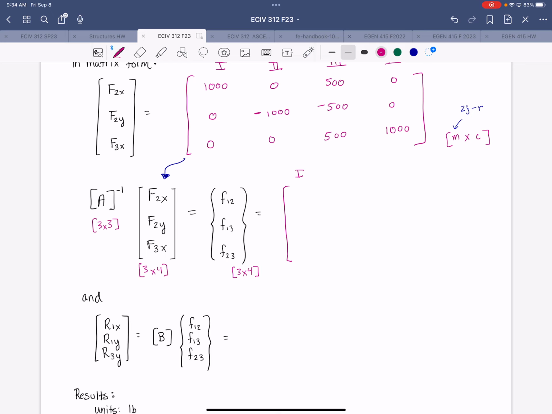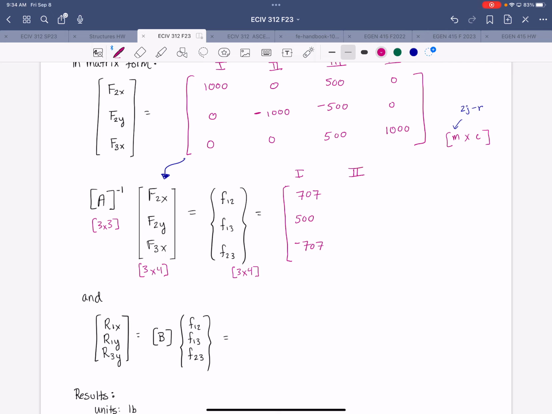So for the first load case, we have 707 pounds in tension for F12, 500 pounds in tension for F13, and 707 pounds in compression for F23. We assumed positive in the beginning, so positive results confirm tension.